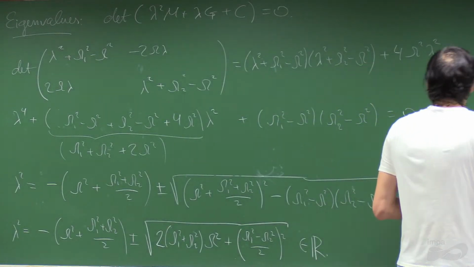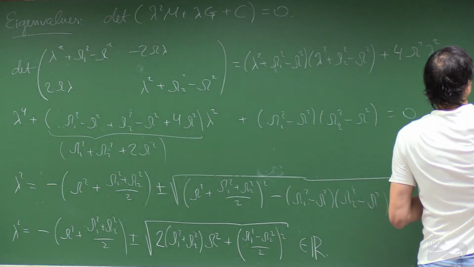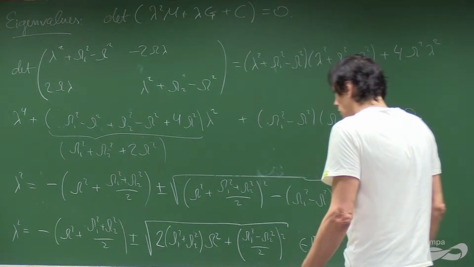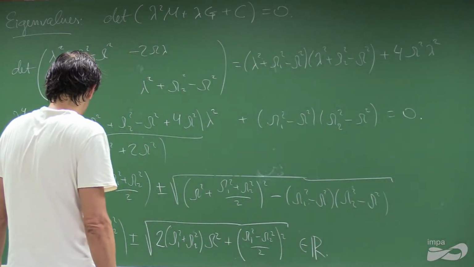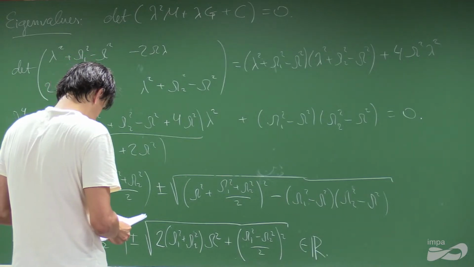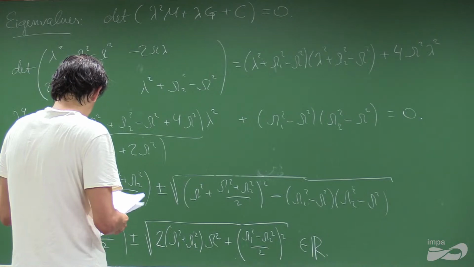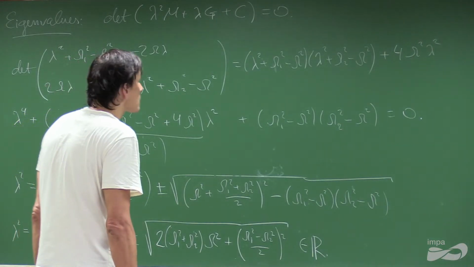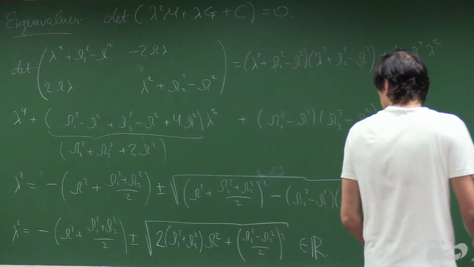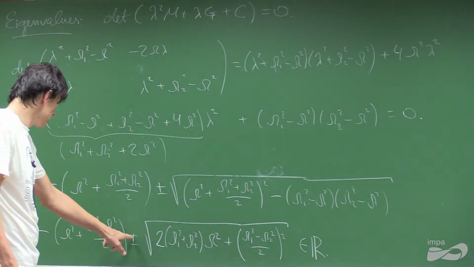Okay. So lambda is 0 if this square equals that square. So this is 0, certainly when you take plus, right?